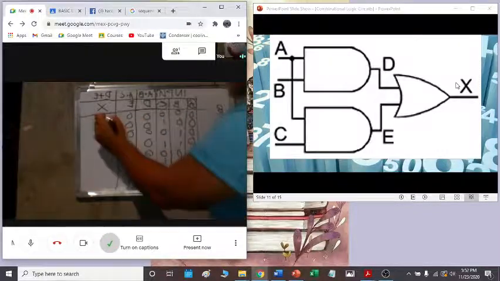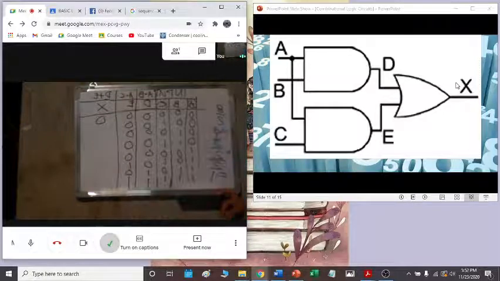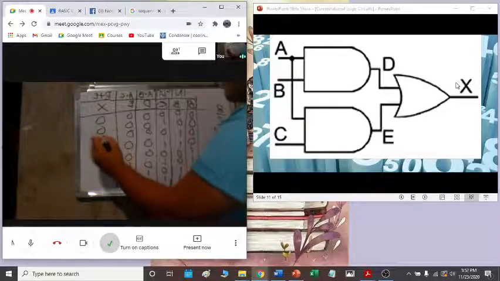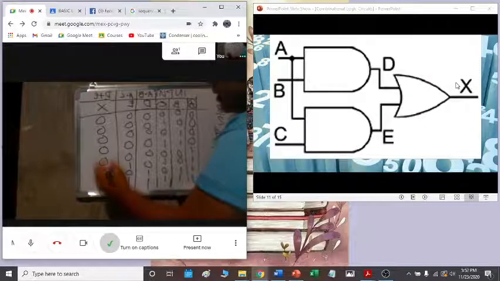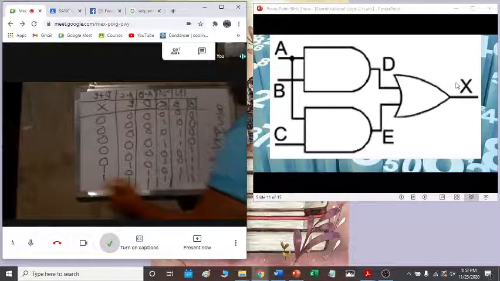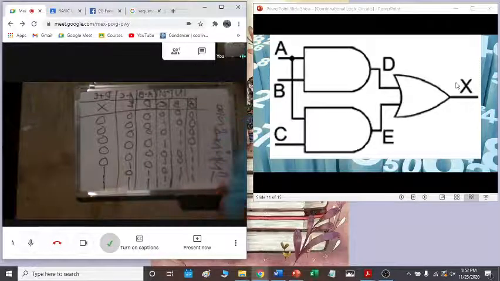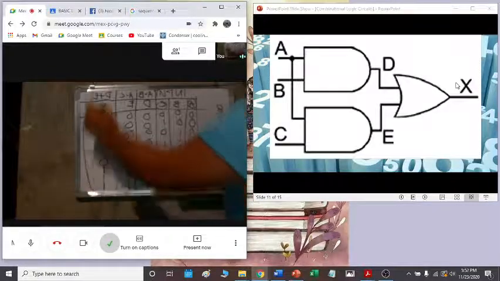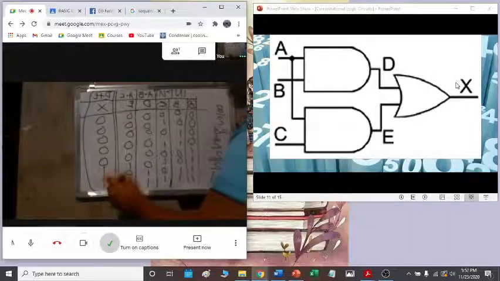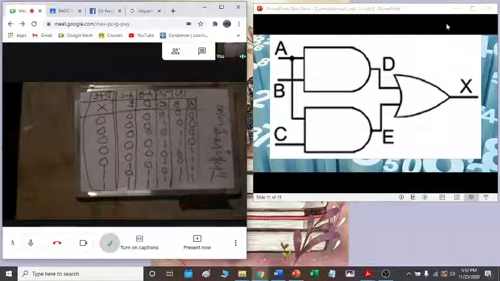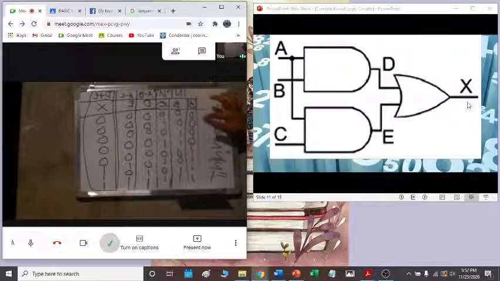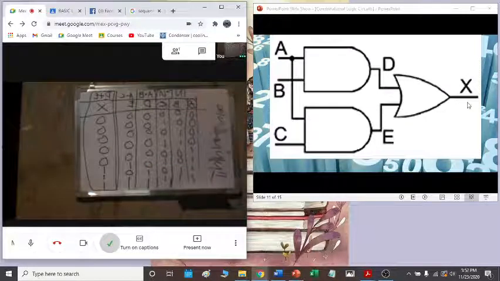So 0 plus 0 is of course 0 for our OR gate until you reach 0 plus 1 which becomes 1 and 1 plus 1 is also 1. So the last output is X. So for our combinational logic circuit, these are the possible outputs for these possible input combinations.